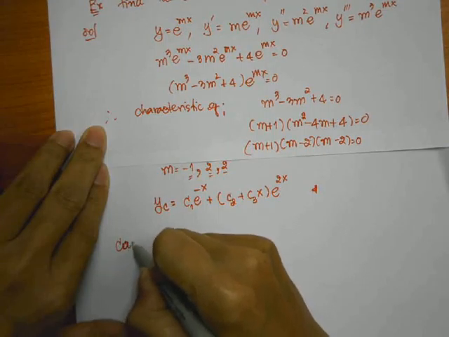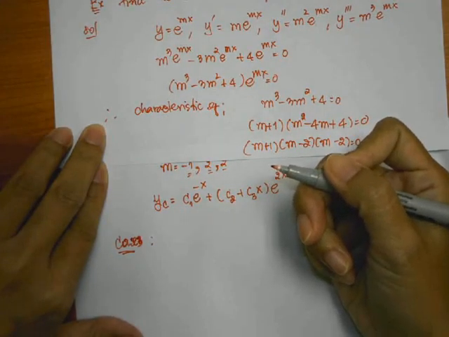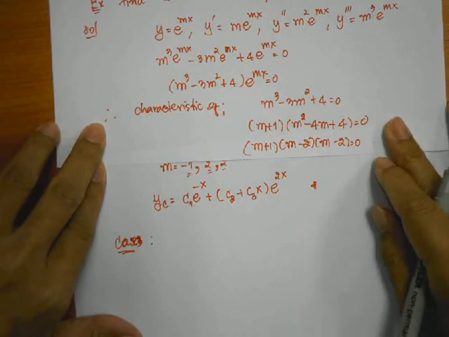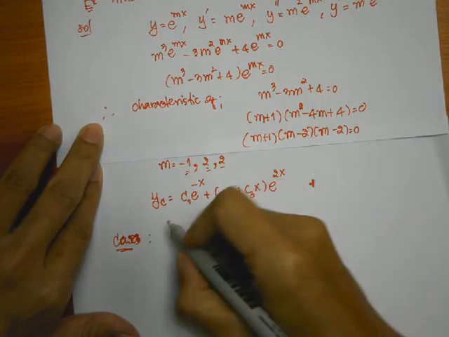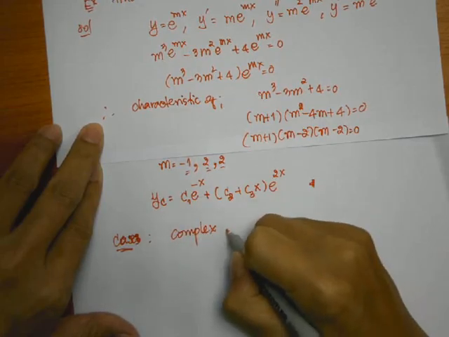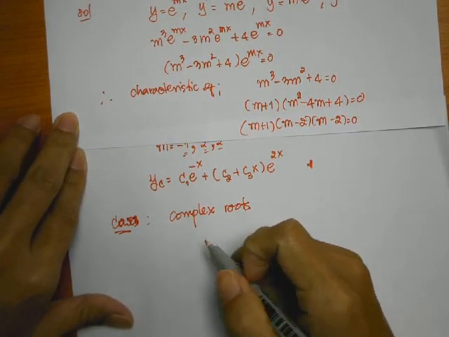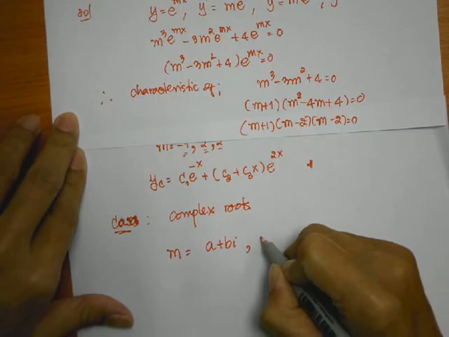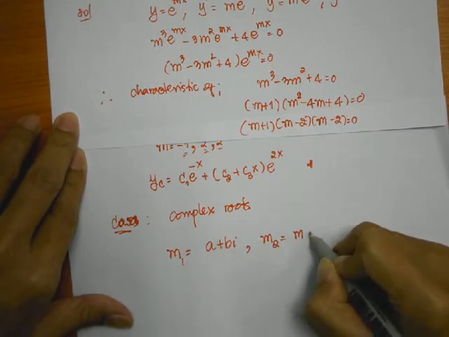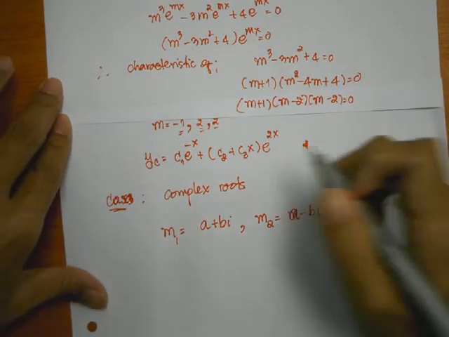Now case 3. Complex group. For example, if we have m and it's unrepeated.